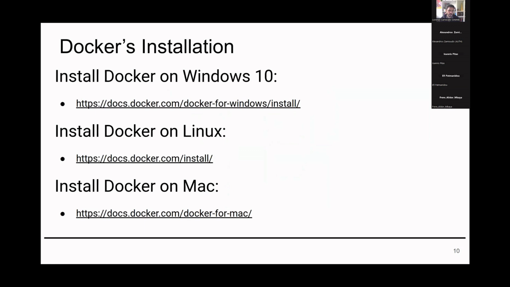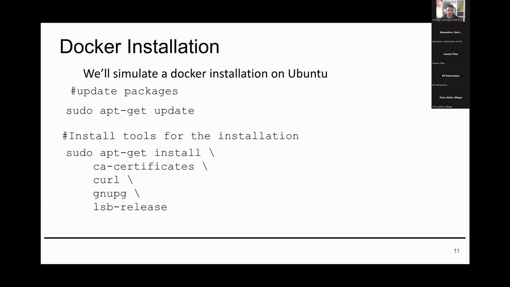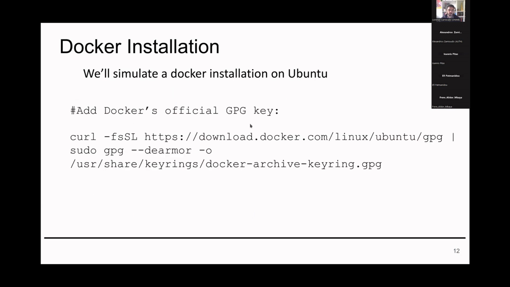How to install Docker is available in these links, so you can then install it for testing later, for Windows, Linux, and Mac. But anyway, on the Docker website there is everything. With these lines of code, we can simulate the installation on the Ubuntu operating system. So we install the dependencies that are needed to install Docker.